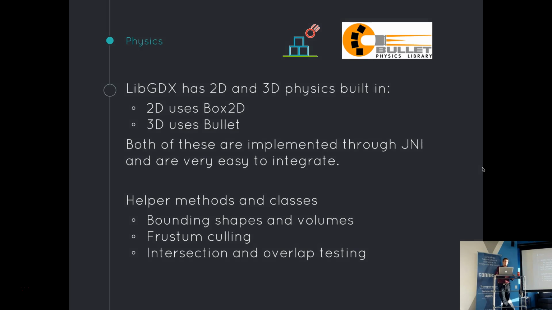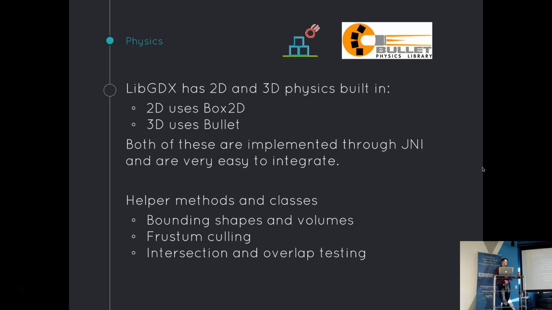As mentioned before, LibGDX also has built-in physics. It has both a 2D and 3D physics library. For 2D, it uses Box2D, which is a very popular physics engine for 2D games. It's used in almost any game that has physics, and it's on the phone, like Angry Birds. For 3D, it uses the Bullet Physics library, which is another very popular library.